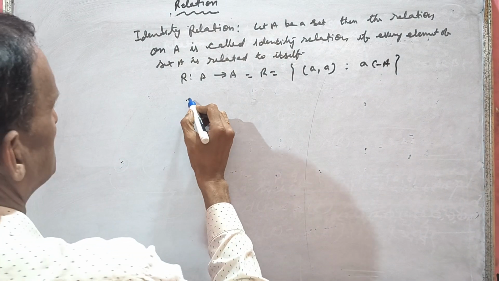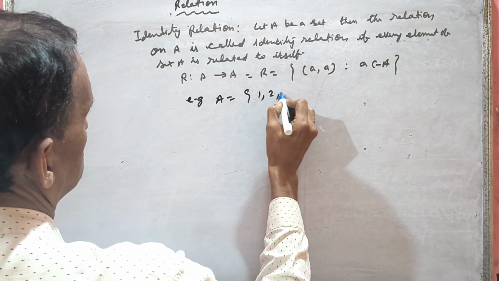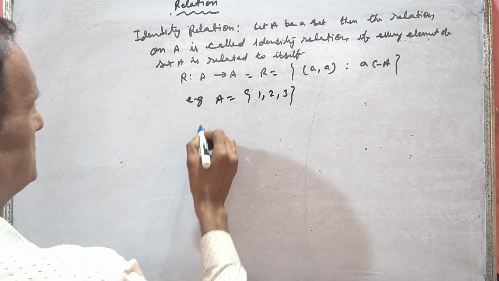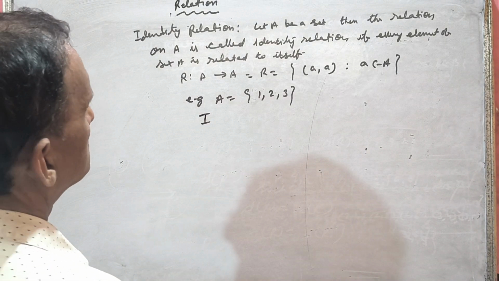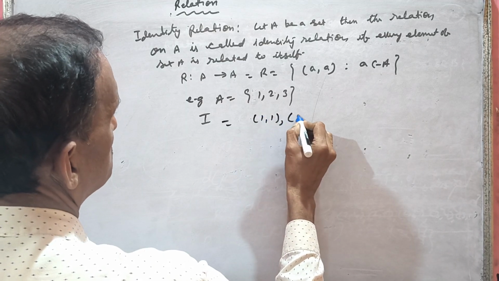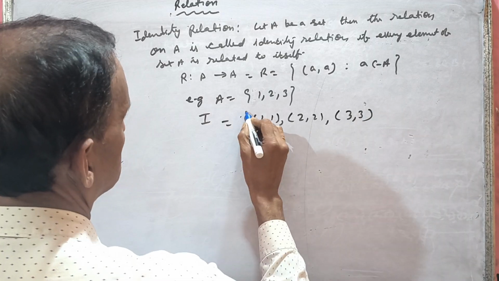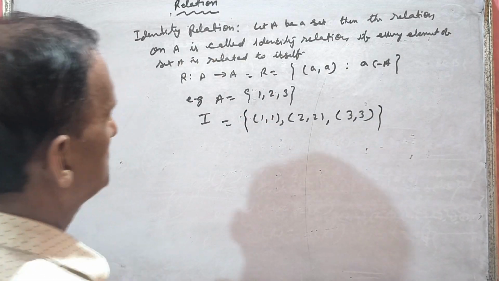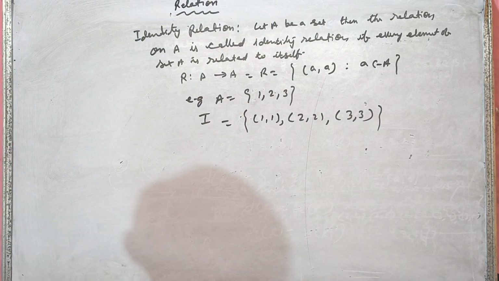Now see an example. If A is a set with the elements 1, 2, 3, then the identity relation, denoted by I, will be equal to {(1,1), (2,2), (3,3)}. Every element of the set is related to itself by some rule. Here we are not mentioning the rule in the example. It is called the identity relation.